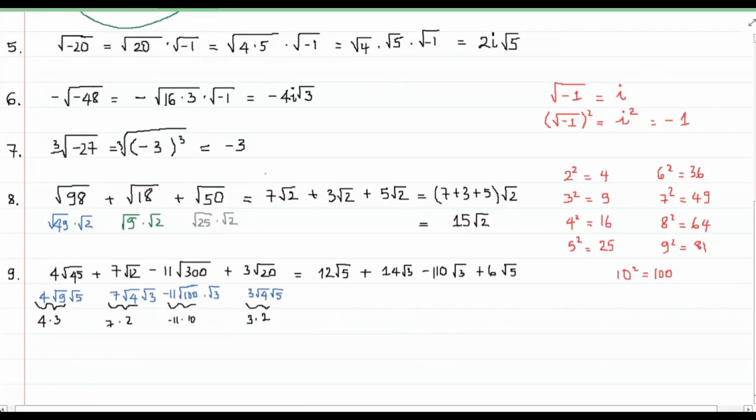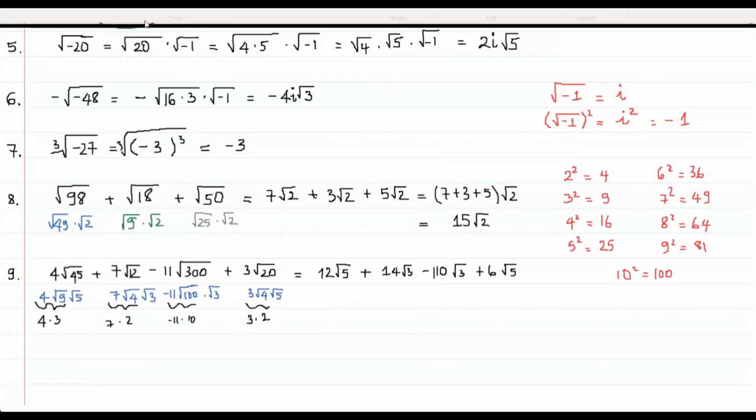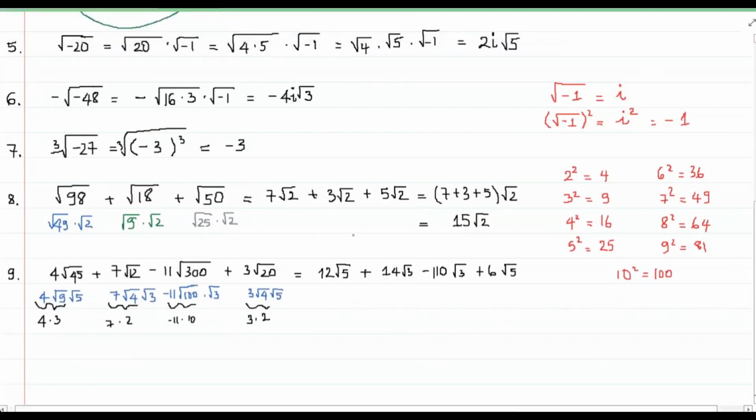Now combine like terms. We see that we have the square root of 5 term right here, the square root of 5 term right here. And then we have the square root of 3 for the rest. So we will group it.